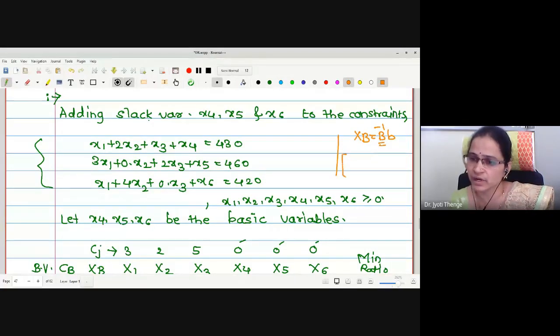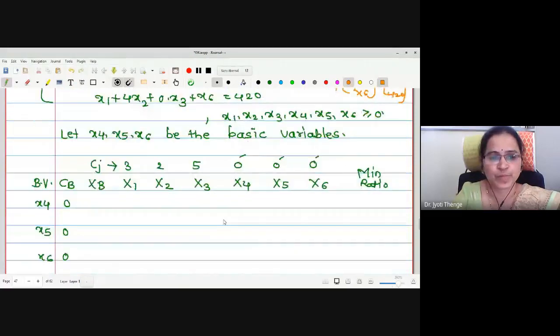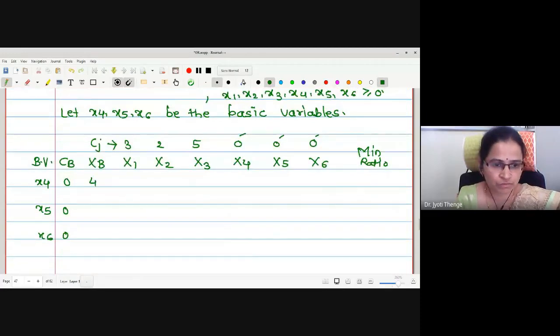We are selecting B as the identity matrix, so B inverse b is just b, which is 430, 460 and 420. Therefore I will write the right hand side 430, 460, 420.